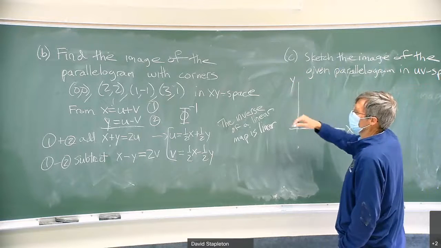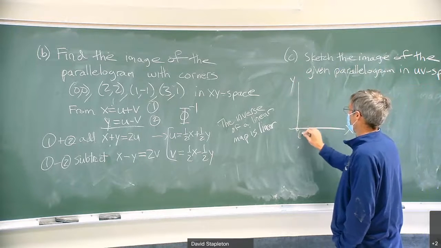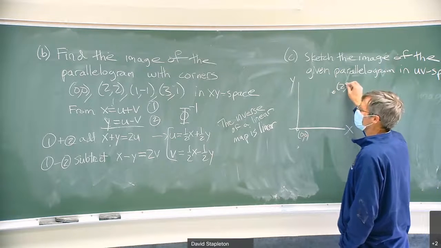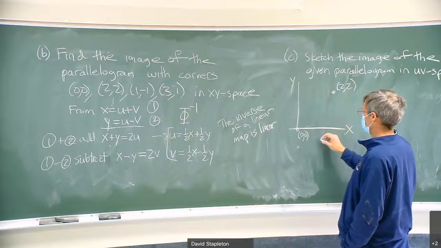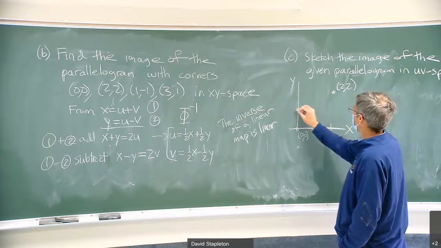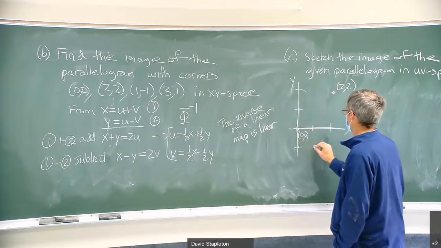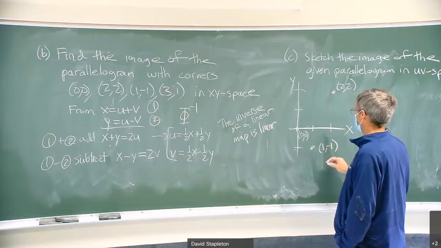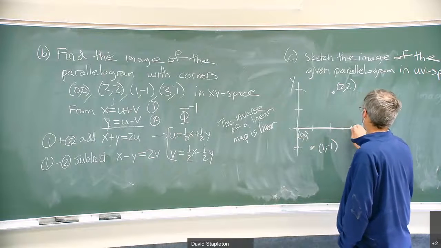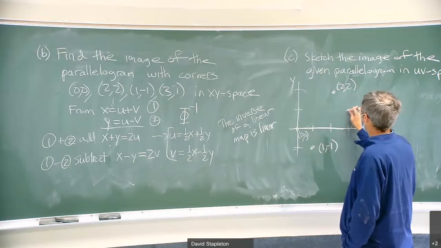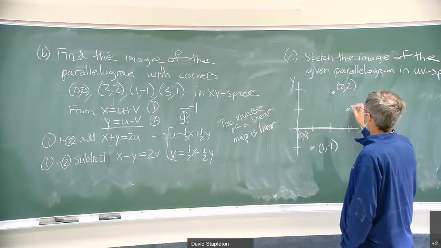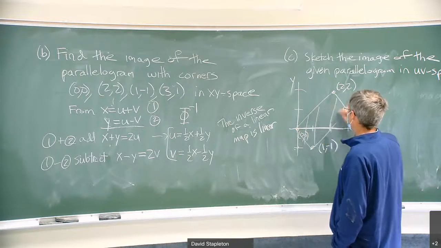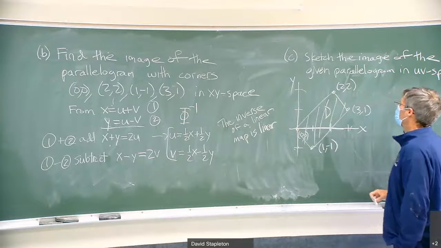I have these 4 corners, and it's up on the notes there too: 0, 0, 2, 2, 1, minus 1, and 3, 1. There's my original region, E or something, in XY space.